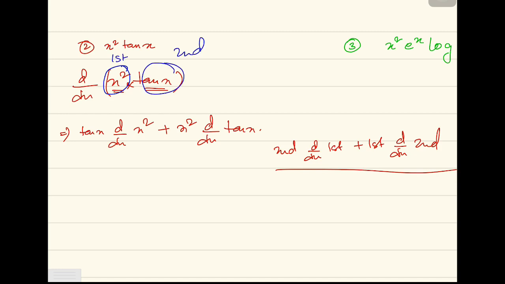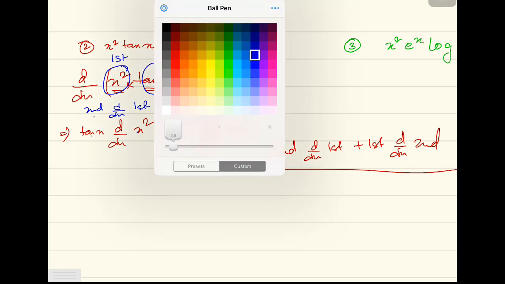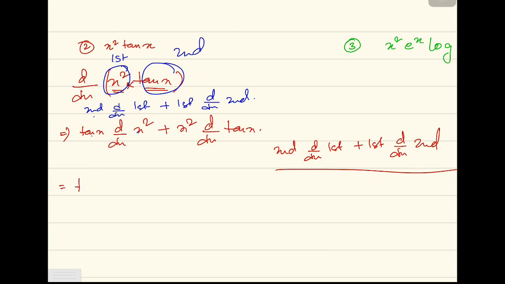That's why you see here second d/dx of first plus first d/dx of second. I have done that. Did you understand? Wherever there is second I put tan x, wherever there is first I put x square. Correct? So that gives me now tan x into d/dx of x square. Make sure you put brackets, it is 2x.